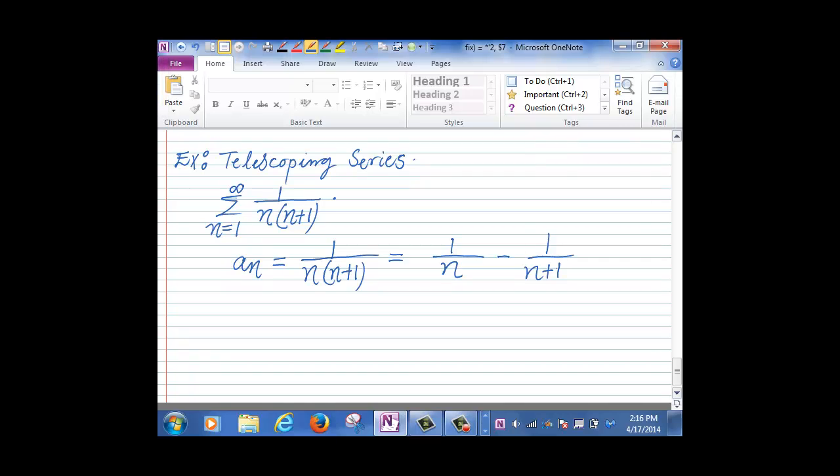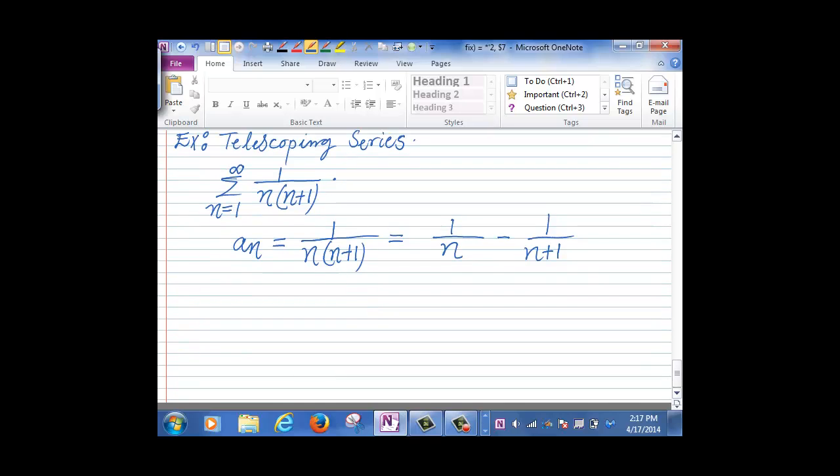You guys agree with that? Well, just add the right hand side and you'll see that that's the case, but you could apply the partial fraction decomposition technique. It's a pretty easy example of that. Everybody's okay? So I can write the nth term in this way.